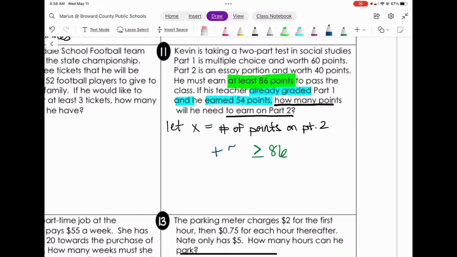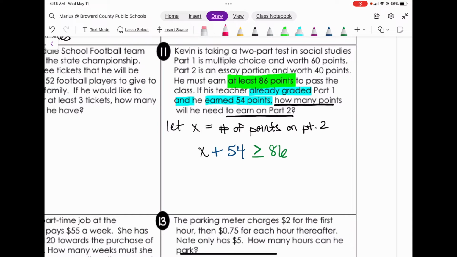That is plus 54. He has that already. And now we want to know how many more points will he need. So we're going to say that that's what x is. If he gets that many points additional, he'll have at least an 86 or more.